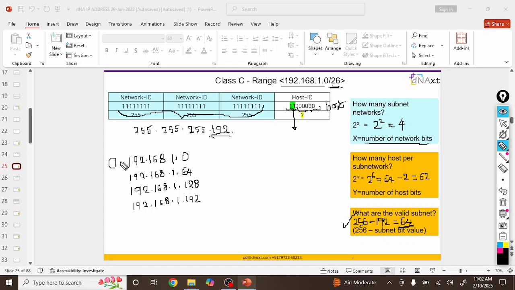So these are the 4 subnetworks we will get when we borrow 2 bits in class C, that is /26.